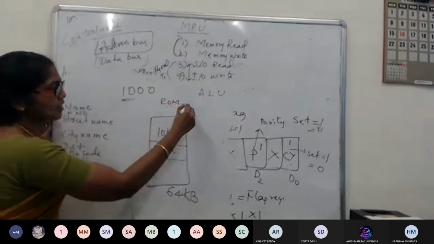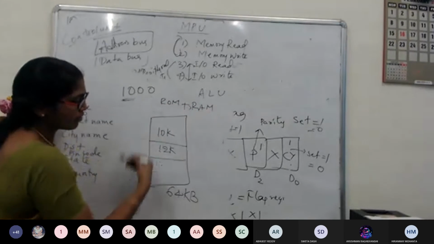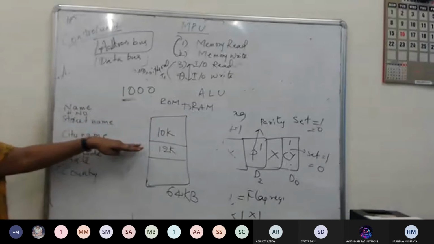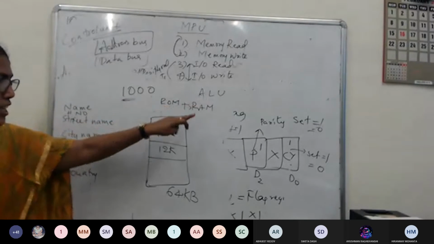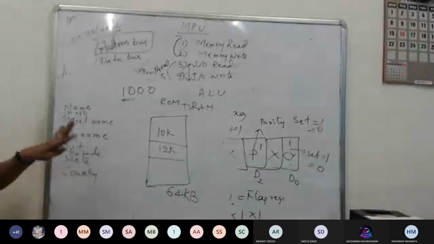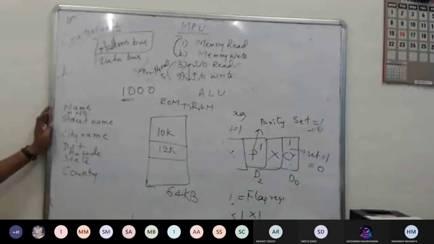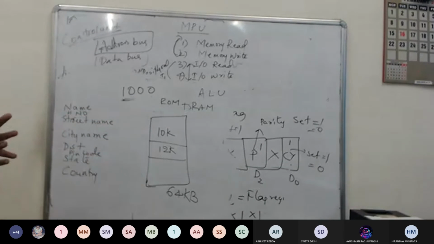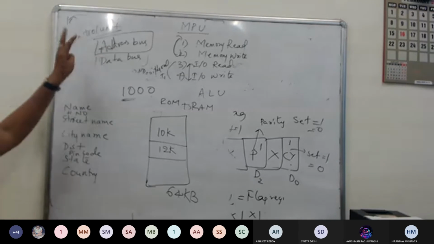ROM plus RAM is the total memory available. We have to keep the instructions also as one part of that, and apart from that I will utilize the portion left for the normal things. You can understand how they use the task in small memory space. So this is efficient allocation of the memory, and in that itself this whole action is done.